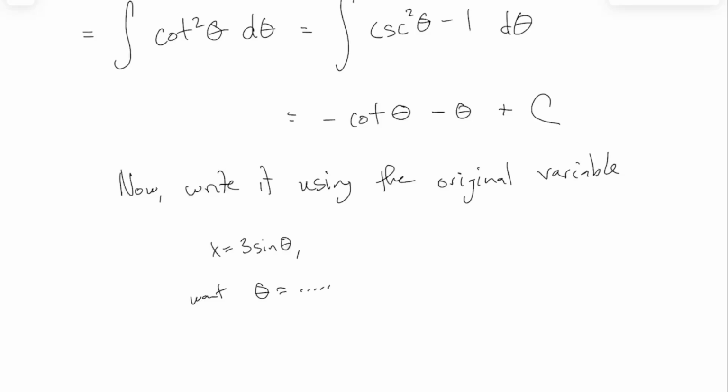Any ideas on how we could solve the first thing for theta? Can you divide by 3 and then do sine inverse? Yeah, I like that. So first of all, sine theta equals x over 3, and then do the inverse sine. Theta is inverse sine of x over 3.